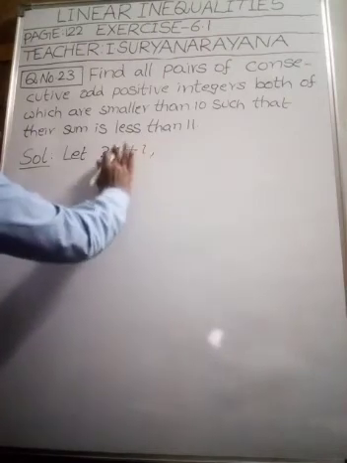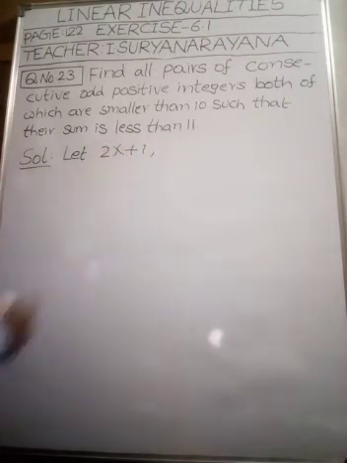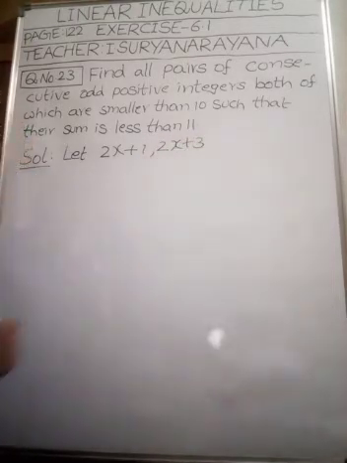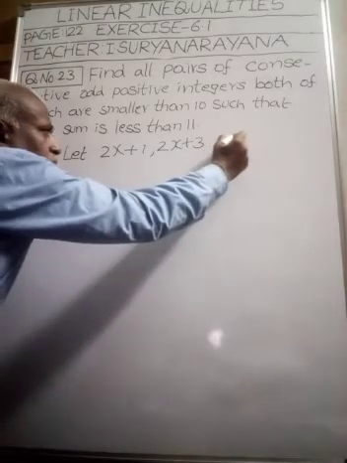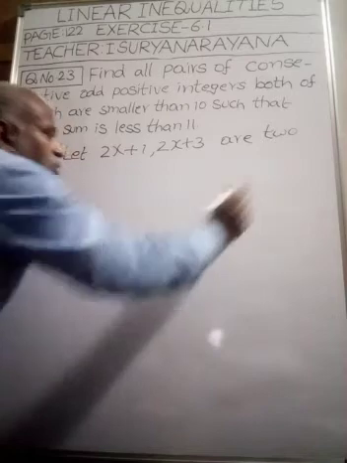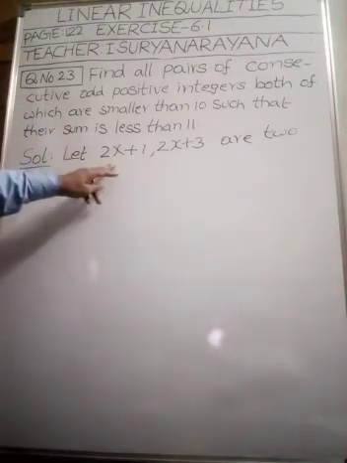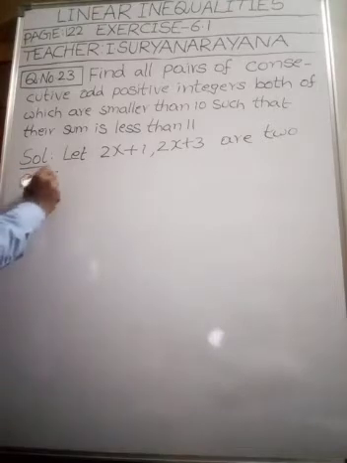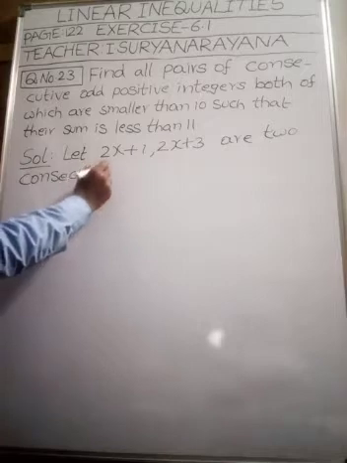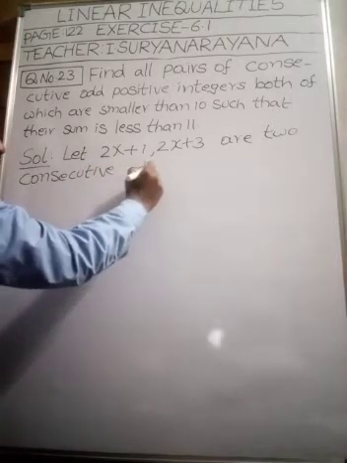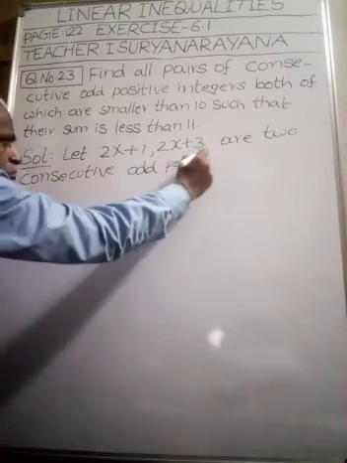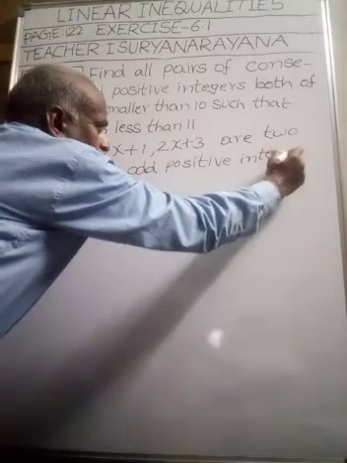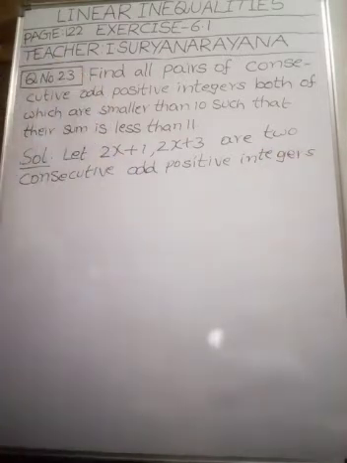Let us assume that 2x plus 1 and 2x plus 3 are 2 consecutive odd positive integers.